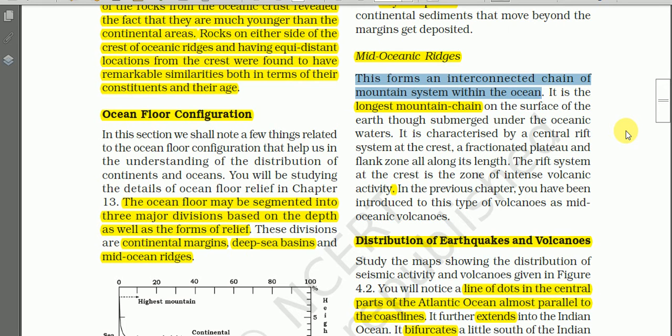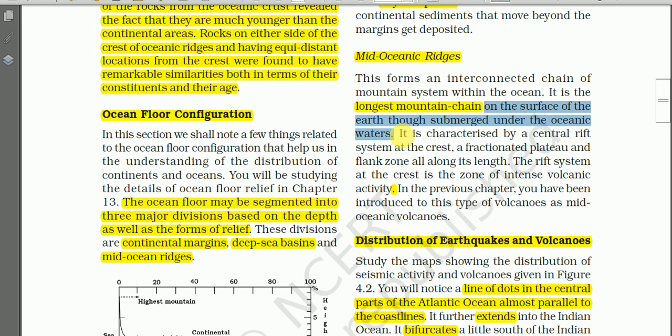Not on the continent, it is within the ocean, below the ocean, and it is the longest mountain chain on the surface of the earth, though submerged under the oceanic waters. That means they are under the oceanic water.